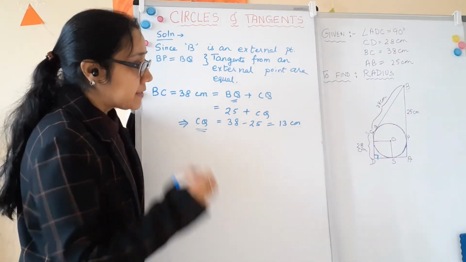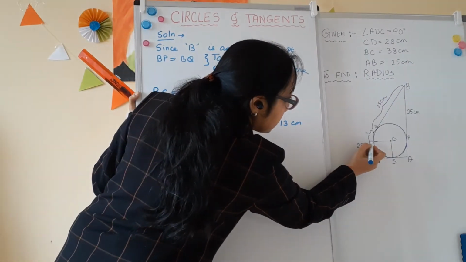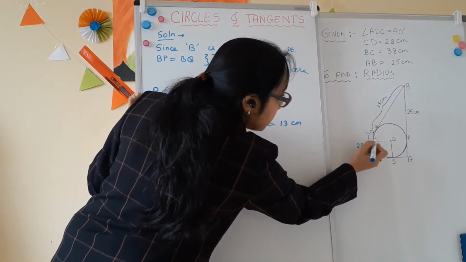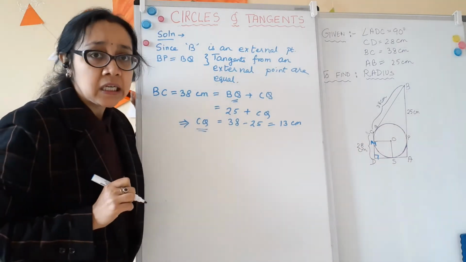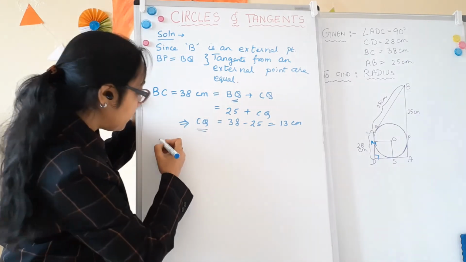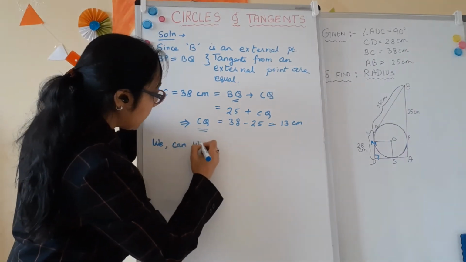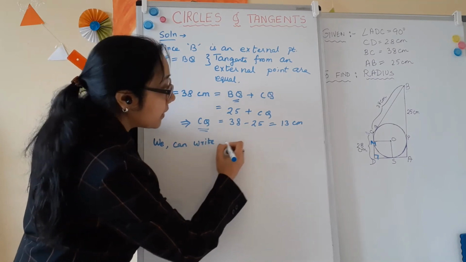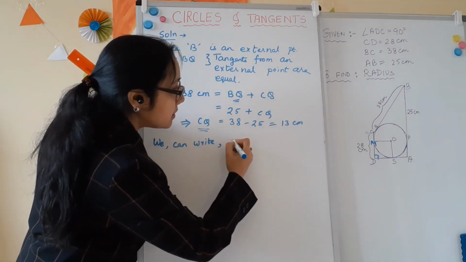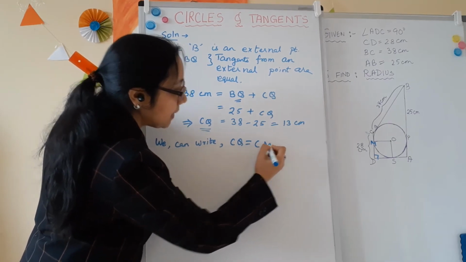Now, if CQ is 13, then you can name this point as, for example, M. CM will also be 13. Why? Because C is an external point. So we can write CQ will be equal to CM.